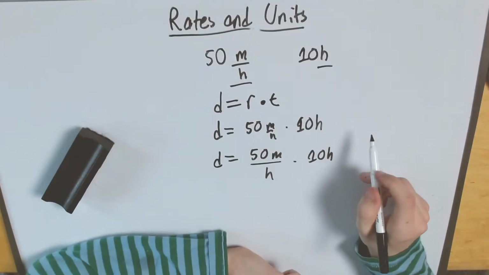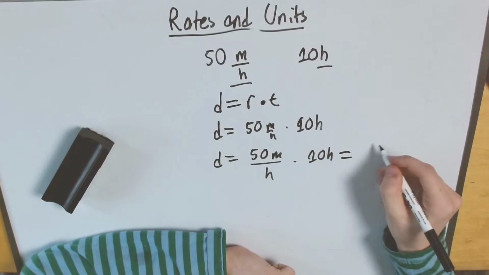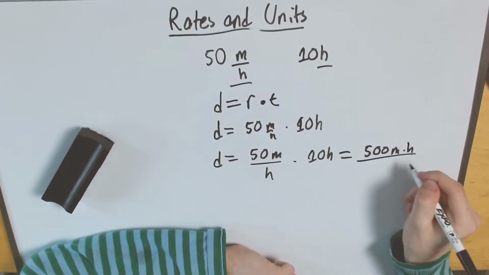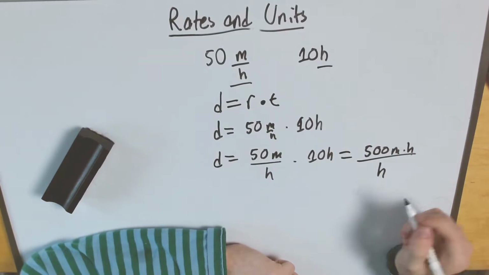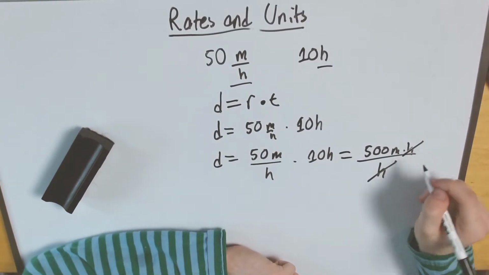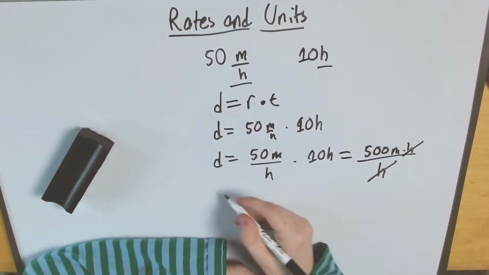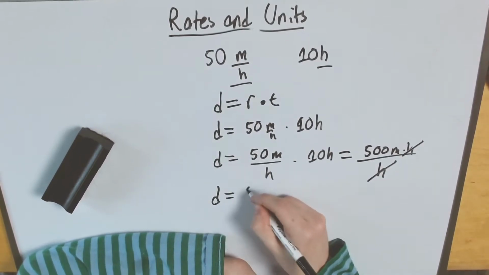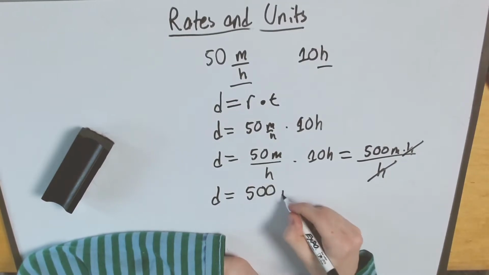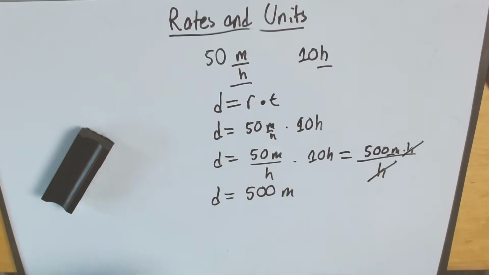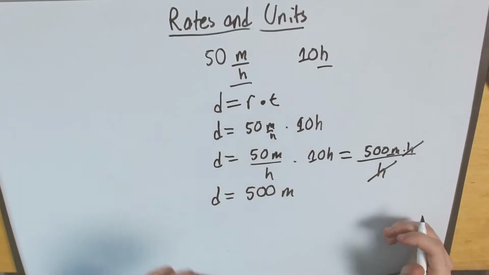Now, as we're multiplying, we're going to get 500 miles times hours over hours. We can actually cancel out the hours in the numerator and the denominator. So we'll just be left with the miles unit, which is actually what we want. Our distance is in miles. That makes sense for us to think of.